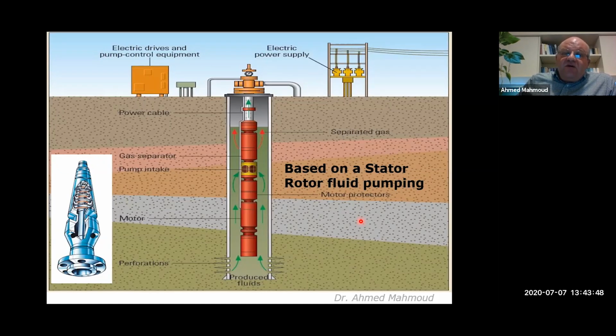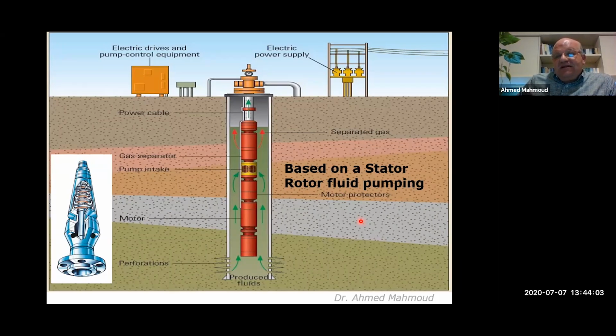Most of all, it is the most efficient of the artificial lift systems. The ESP can give you up to 65% efficiency, whereas the previous systems are typically much less than 50%.